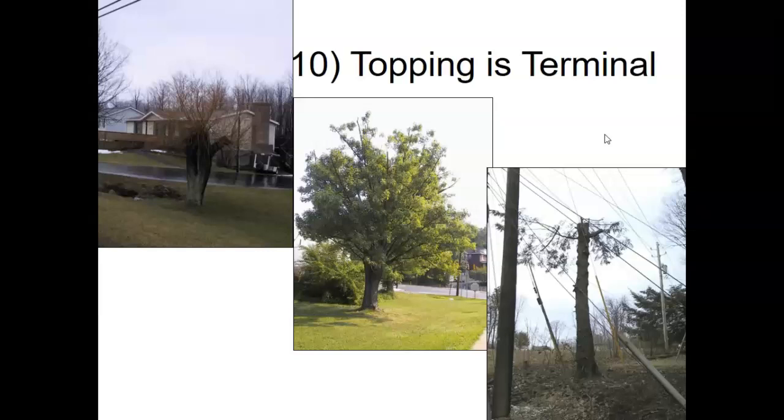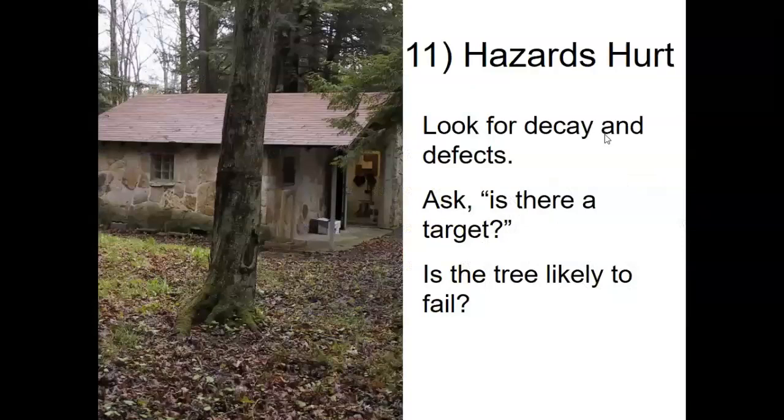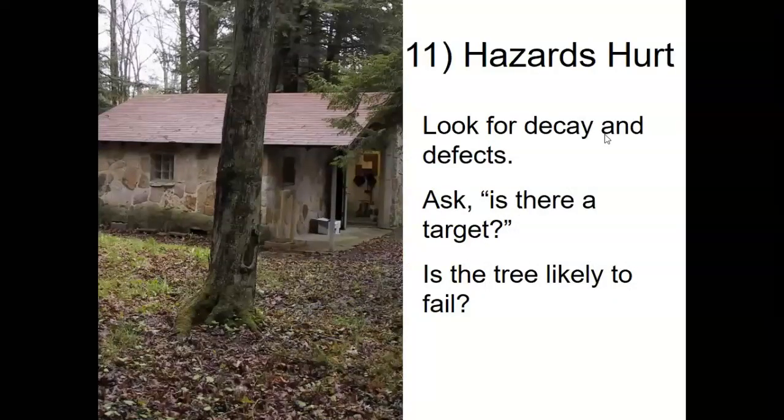And any good arborist, one thing I didn't have in my bio, and I've been a certified arborist for 20 some years, would always give you a bonus, number 11. So one of the things that can be a trauma to us if trees are in poor health is that hazards hurt.